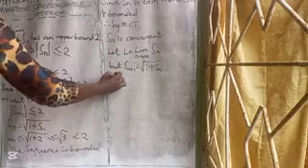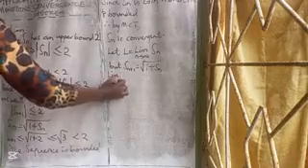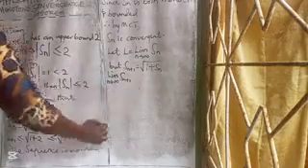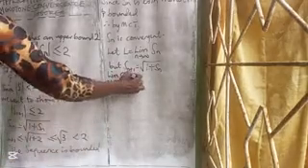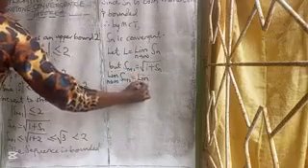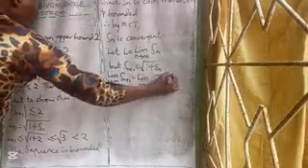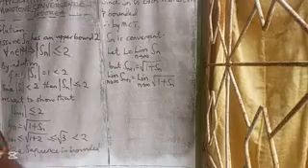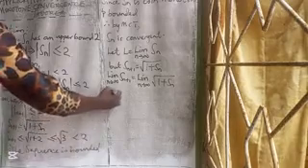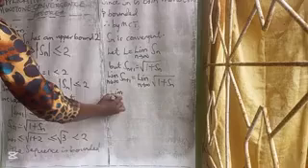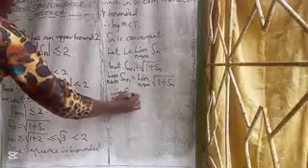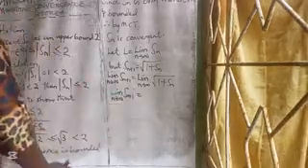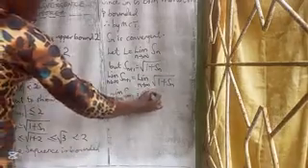Therefore, the limit as n tends to infinity of Sn plus 1 is equal to the limit as n tends to infinity of the square root of 1 plus Sn. Therefore, the limit as n tends to infinity of Sn plus 1 is equal to the square root of 1 plus L.